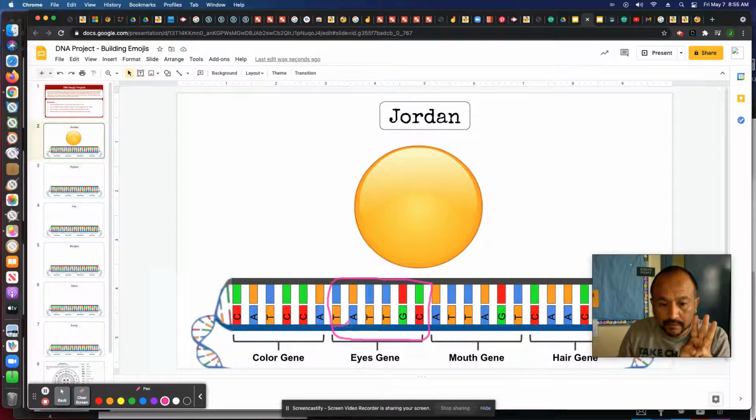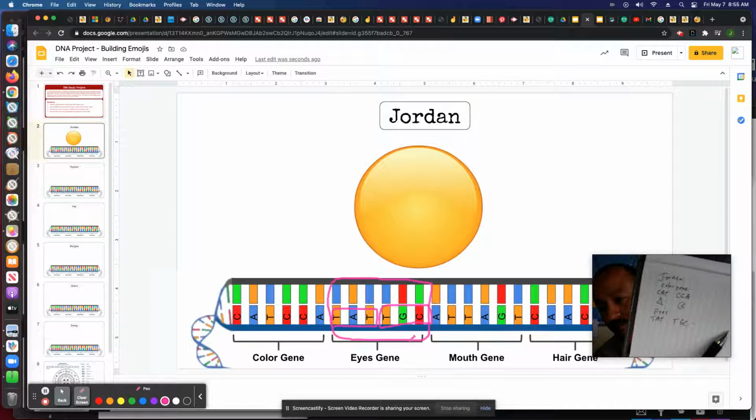The first three letters are the DNA sequence code TAT. So I'm going to write eyes, and then I'm going to write TAT. And then I'm going to look at the next three letters, which are TGC. TAT, TGC. And I wrote it down.